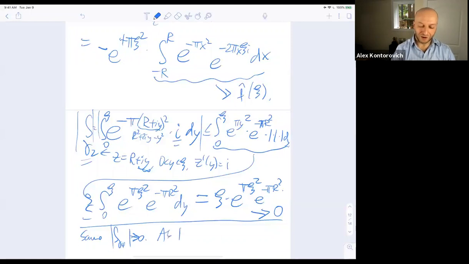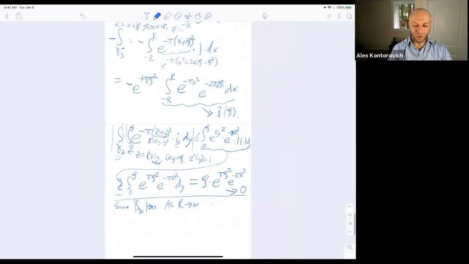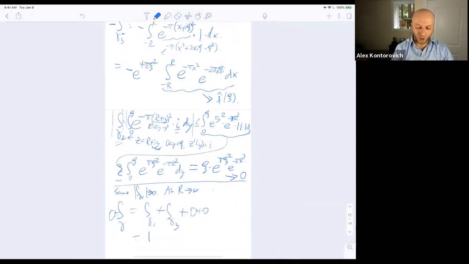So as R goes to infinity, let's put all the pieces together. We had the total integral over gamma, which is 0. It's equal to the integral over gamma 1 plus the integral over gamma 3 plus two things that are going to 0. Gamma 1 was 1.